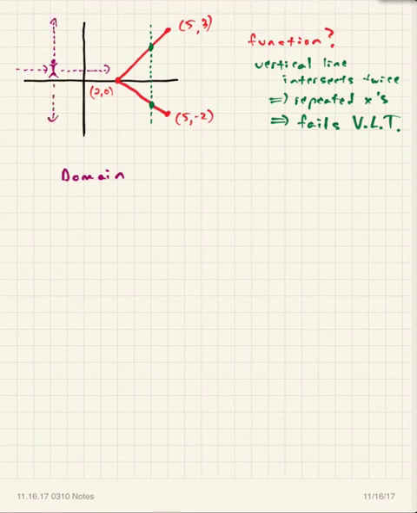And the question is, as you walk from left to right and you're looking vertically up and down, where do you see the graph? You start seeing it at x equals 2, and you stop seeing it at x equals 5. And so the domain for this graph in interval notation would be [2, 5], and close the brackets like that. It means every x value from 2 to 5.